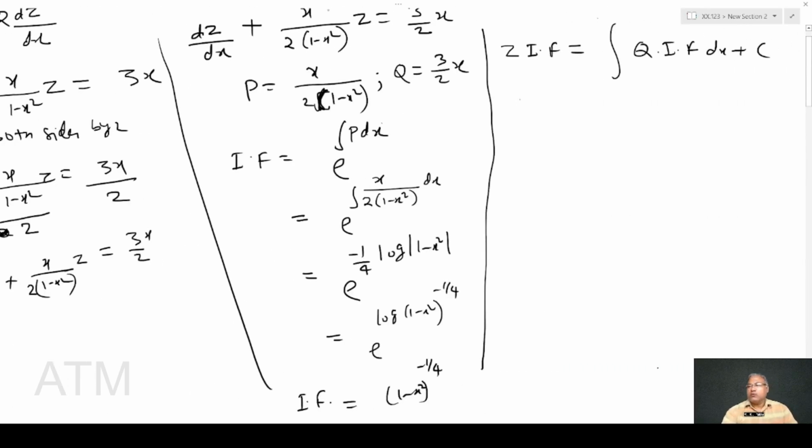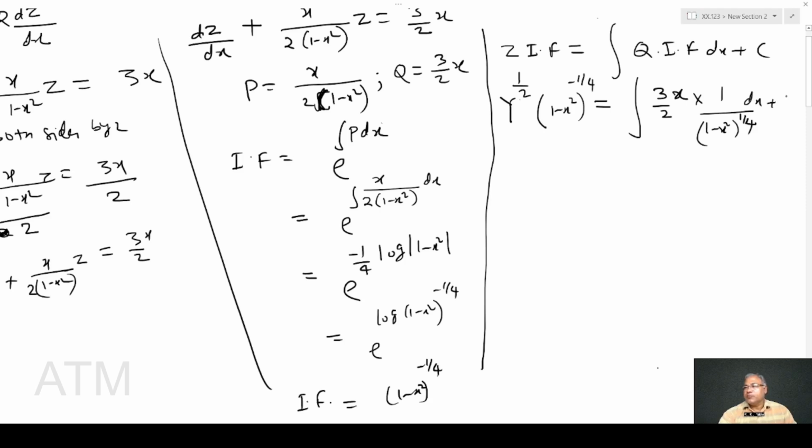So here y raised to 1 by 2 multiplied by the integrating factor, that is (1 minus x square) raised to minus 1 upon 4, and q is nothing but 3 upon 2 into x multiplied by the integrating factor, that is (1 minus x square) raised to 1 upon 4, dx plus c.